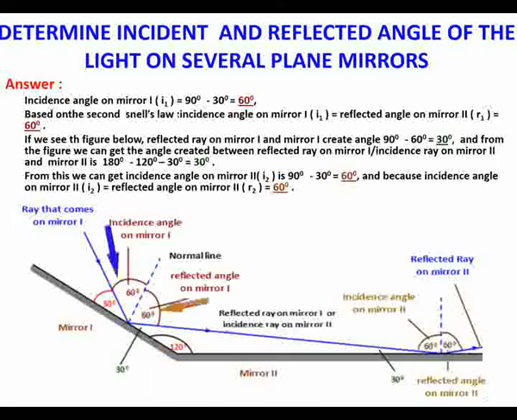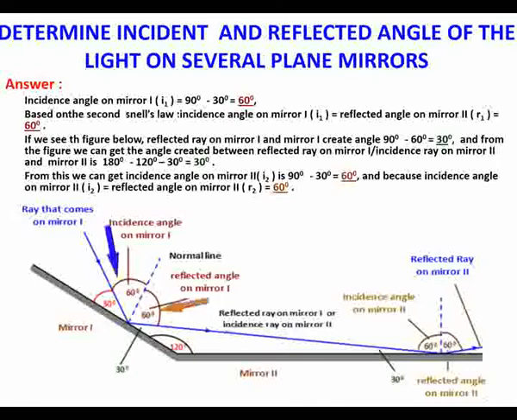After we get the incidence angle on mirror 1, by using the second law of reflection, which says the incidence angle equals the reflected angle, we can get the reflected angle on mirror 1, as shown by the orange arrow.